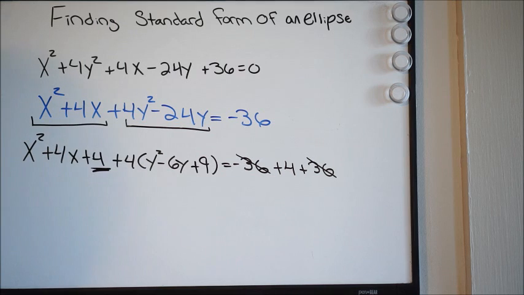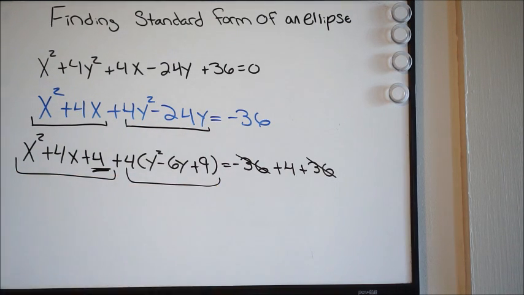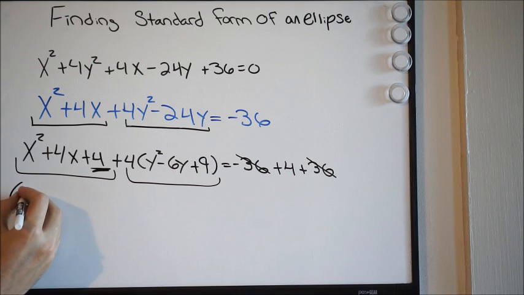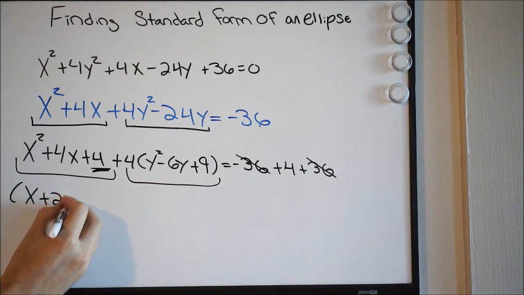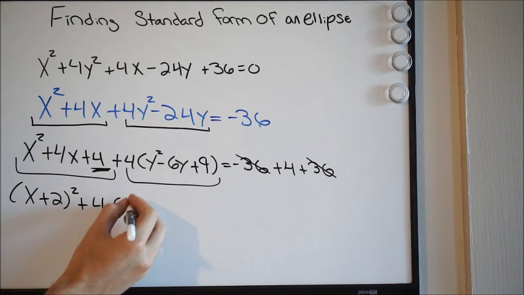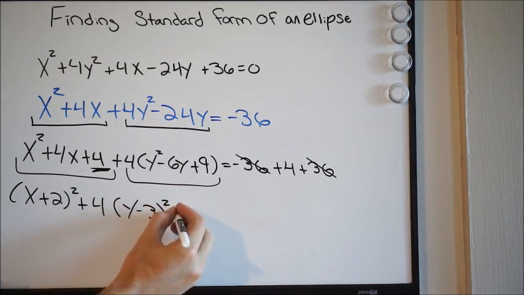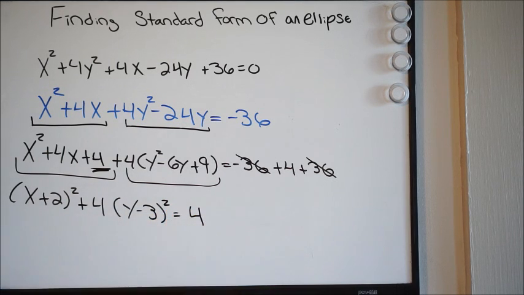Those will cancel. Now, working our way left to right, why don't we go ahead and factor these guys? So factoring here and factoring here, let's go ahead and do it. So we're going to have x plus 2 squared, right, plus 4, and then we have y minus 3 squared, all equal to 4.